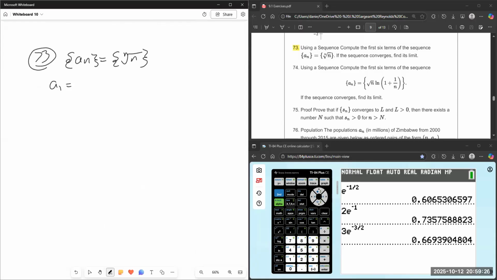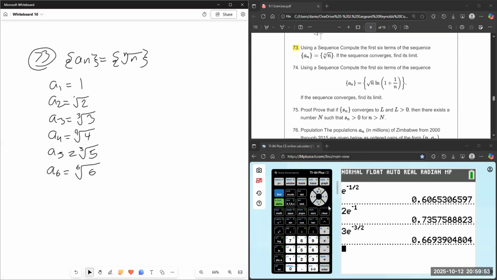So this will be 1, this will be the square root of 2, this will be the cube root of 3, this will be the 4th root of 4, this will be the 5th root of 5, this will be the 6th root of 6.